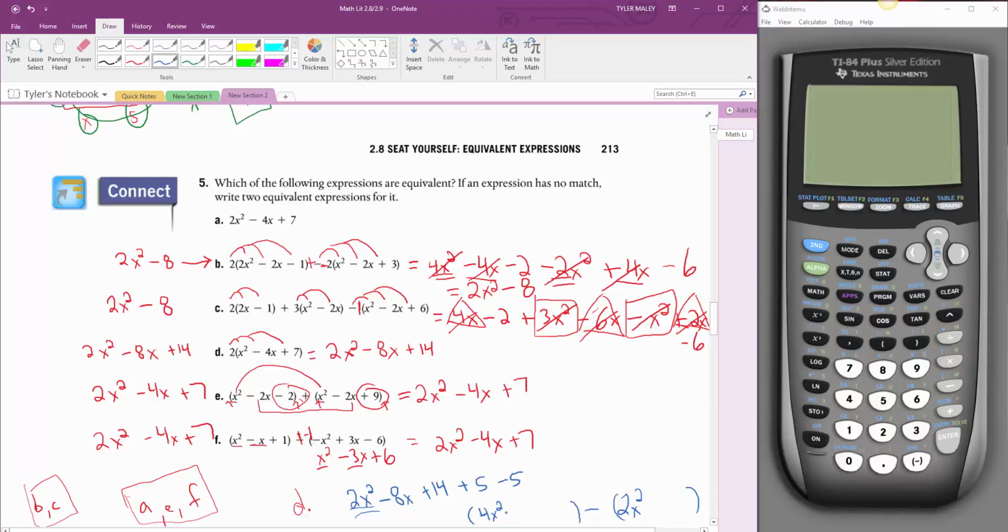And then you could put, I don't know, plus 24x here. So then you're thinking, 24x minus what gives me negative 8x? Because I want this term to result.